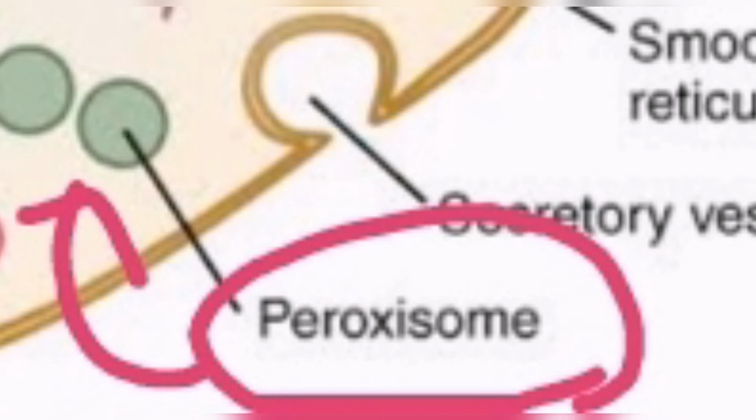Next cell organelle is peroxisome. Peroxisome is a vesicle containing enzymes, like lysosome. Mainly, it contains oxidases and catalases. Oxidases are oxidative enzymes, that is, they help in oxidation. Catalases help in decomposition, especially of hydrogen peroxide.